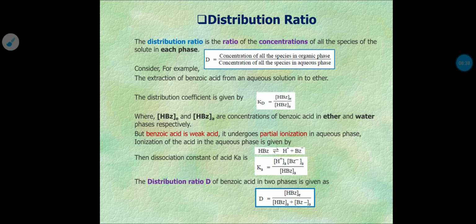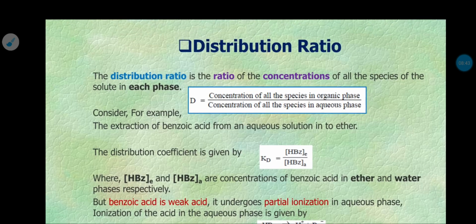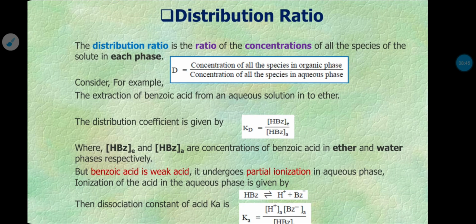The second terminology is the distribution ratio. This distribution ratio is useful for partially ionized solutes also. So let us see what the distribution ratio is. Distribution ratio is the ratio of the concentration of all species of solute in each phase, that means in organic divided by in aqueous phase.